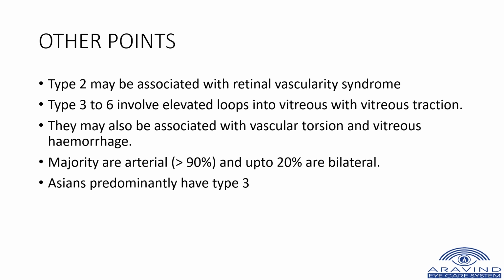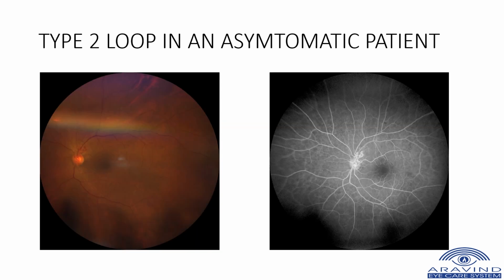Coming to clinical examples, this is a fundus photo of a 50-year-old male who came for cataract surgery. We can see a prepapillary vascular loop in the superior peripapillary area as delineated by the FFA. The patient had no comorbidities and again FFA showed no leaks.